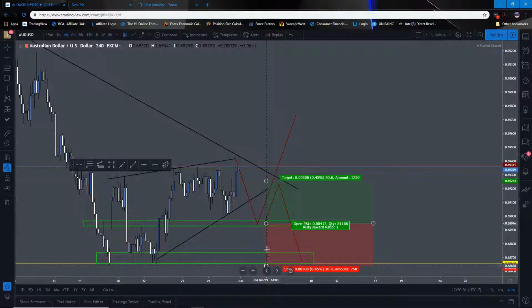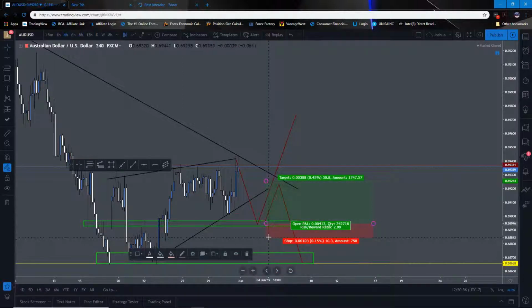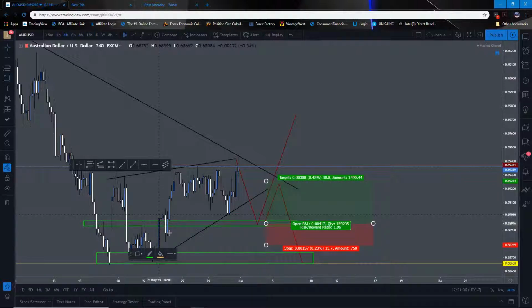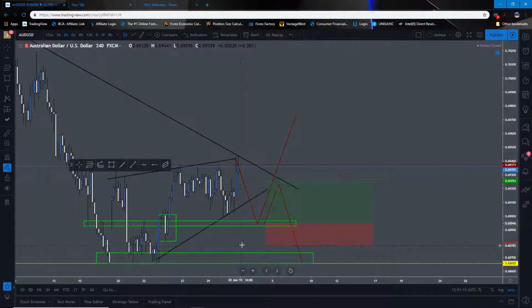and my stop loss would be below our most recent impulse, which would be here. I have it below this wick here.